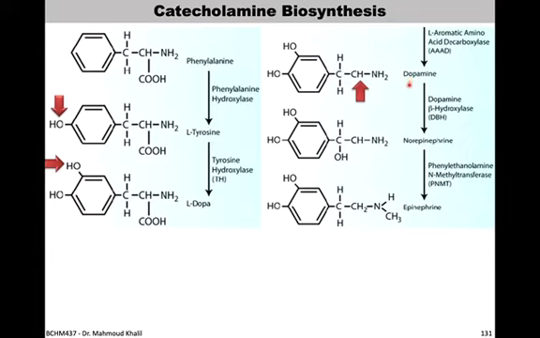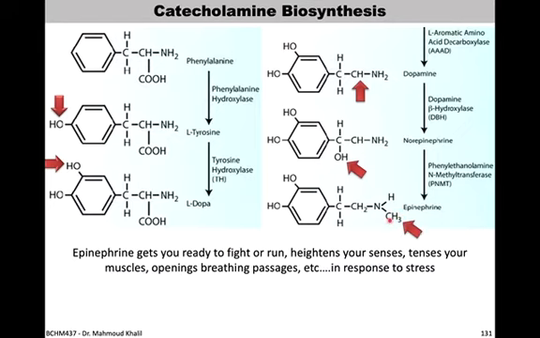Dopamine can be converted to norepinephrine by the action of dopamine beta hydroxylase, and you can see it adds a hydroxyl group on this carbon. Soon after that, norepinephrine is converted to epinephrine by the action of phenylethanolamine methyltransferase, by adding a methyl group on the terminal side chain, and you can see the difference here. Majorly, epinephrine, as we said, gets you ready to fight or run.